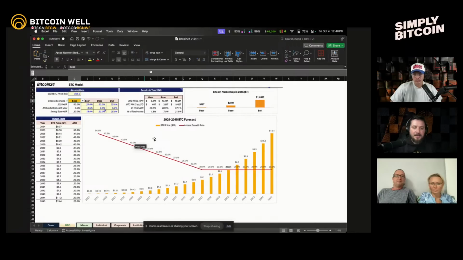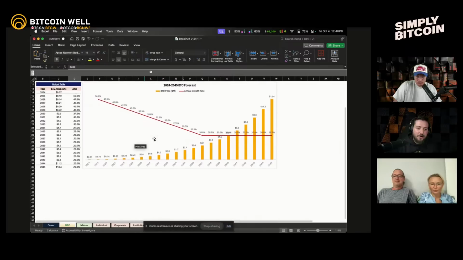The base case is going to be worth 13.4 million, with a $281 trillion market cap. And then the bull case, 1,032 trillion, with a price of 4.2 million per Bitcoin.